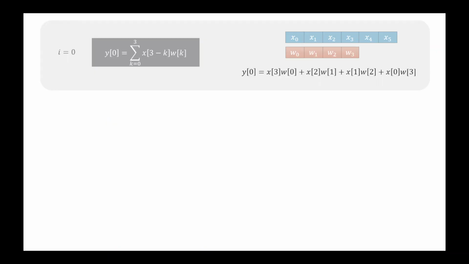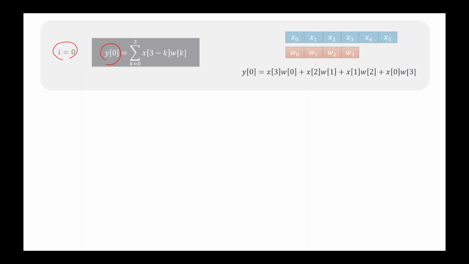Okay, so it might seem complicated, but actually if you think about it as a sliding window, it's not that difficult. So again, if I want y at position 0, so y0, I gotta do this summation.